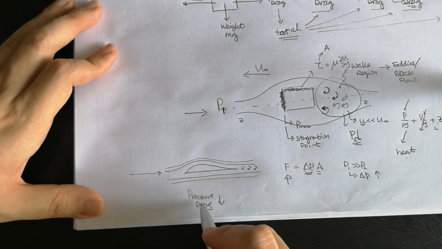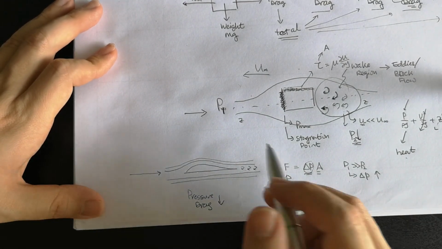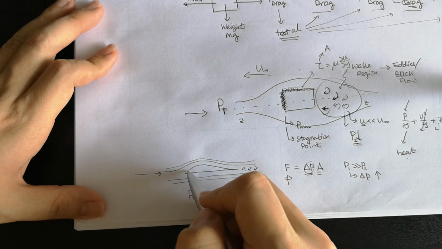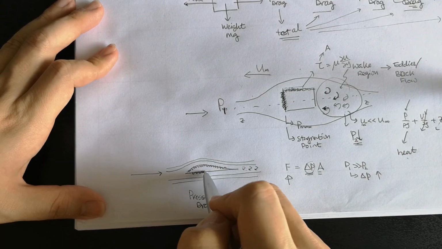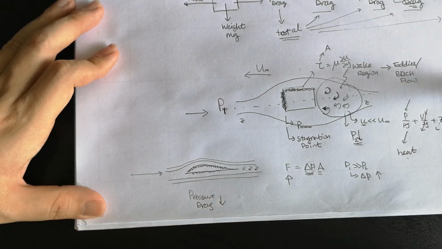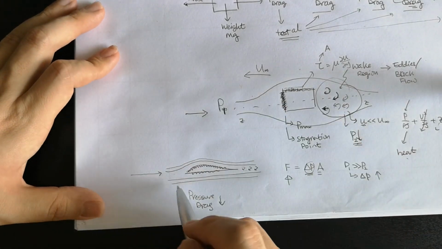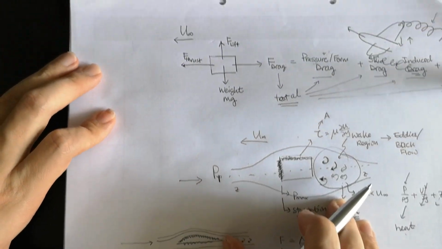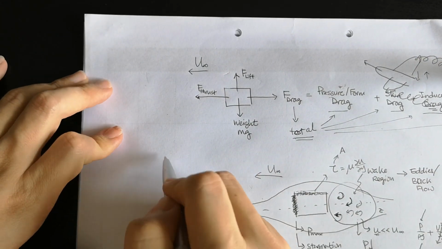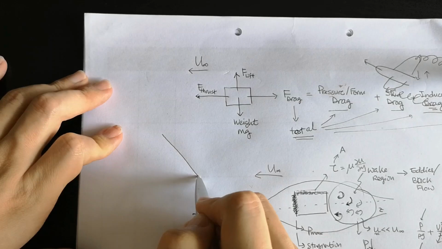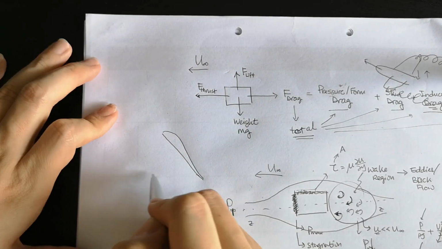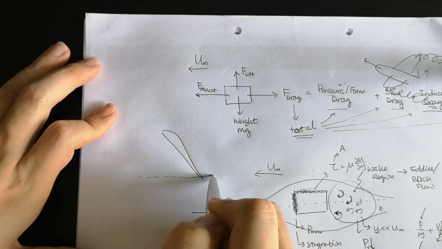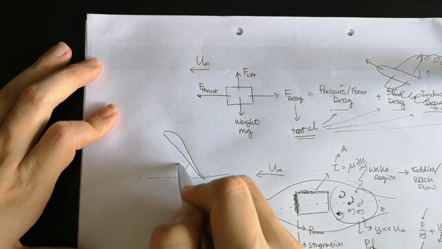When my pressure drag is minimum, usually the skin drag will be our dominant one. As we start changing the angle, for example, to a higher angle of attack, something like this, this one is alpha.